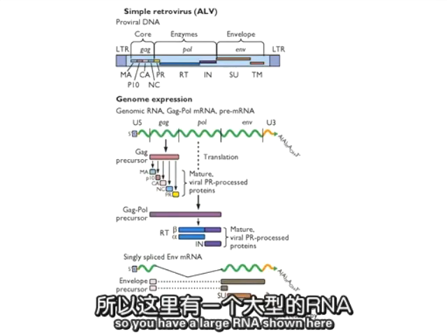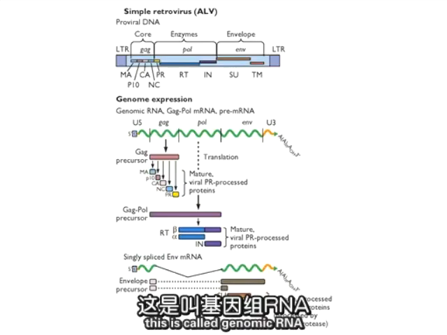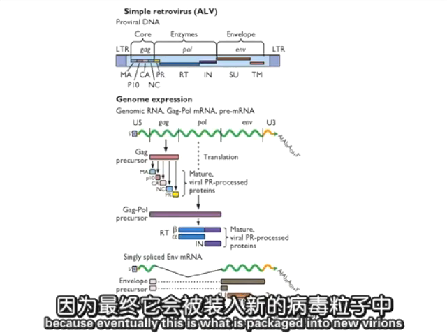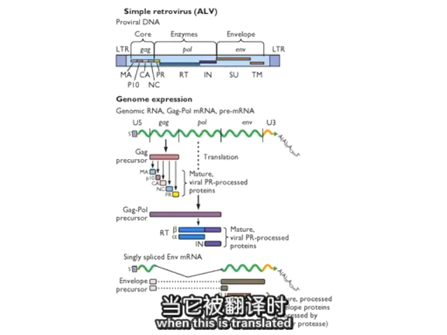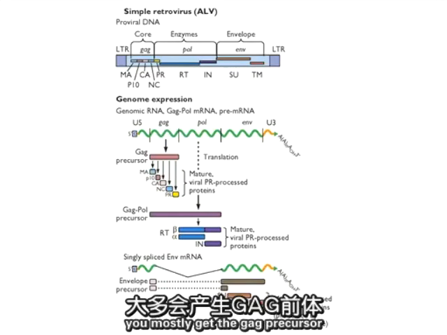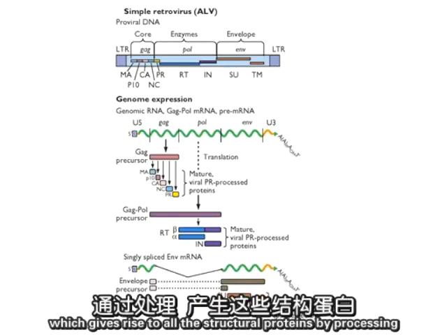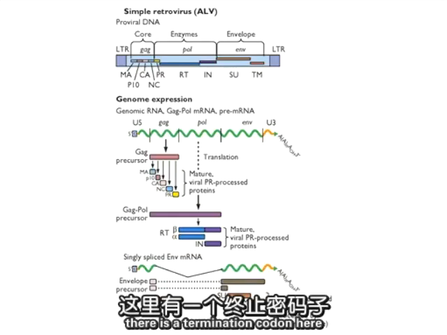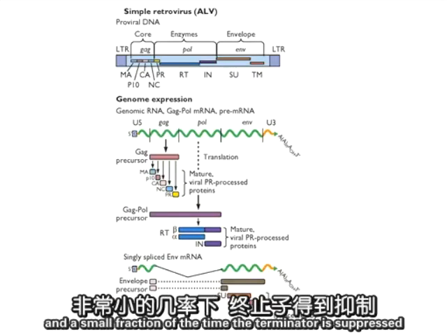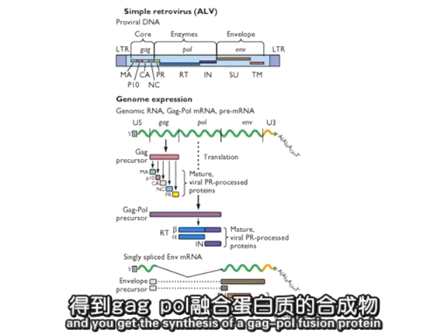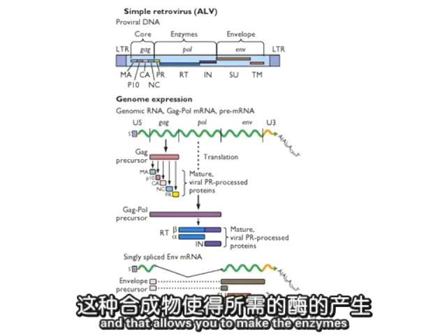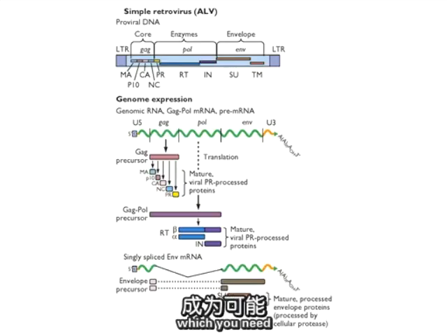So you have a large RNA shown here. This is called genomic RNA because eventually this is what's packaged into new virions. When this is translated, you mostly get the GAG precursor, which gives rise to all the structural proteins by processing. There's a termination codon here, and a small fraction of the time the terminator is suppressed and you get the synthesis of a GAG-Pol fusion protein, and that allows you to make the enzymes which you need, so they're essential.